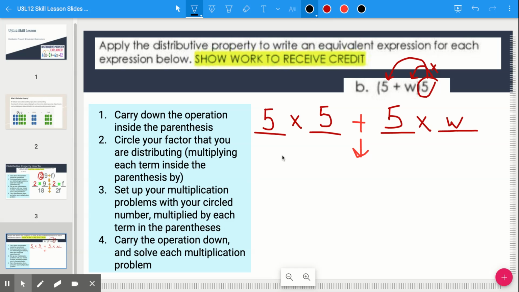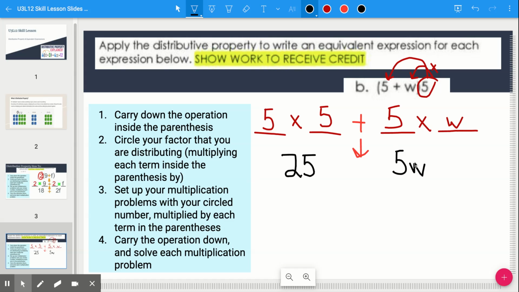5 times 5 is 25. And then 5 times W. Remember, when you are multiplying a number by a variable and you don't have a value for that variable, in this case we are just leaving W as is, you just do 5 times W. You combine them.